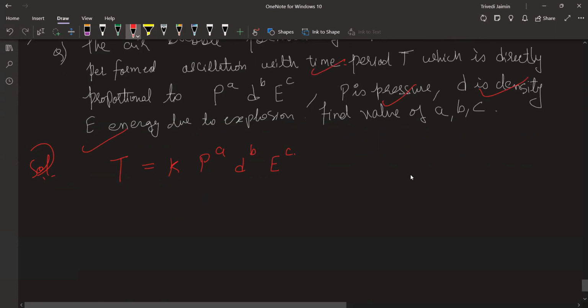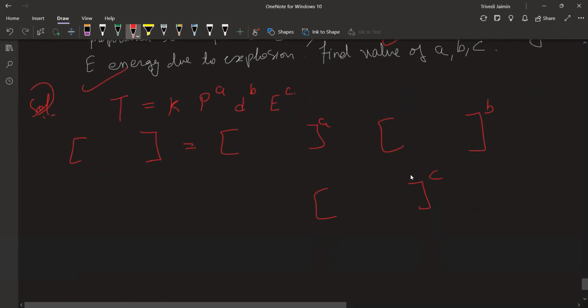So write those dimensions for pressure to power A, power B, power C. Now get me three equations, one from M, one from L, and one from T. Do we have any other quantities? Pressure, density, and energy. No, we won't have any other.